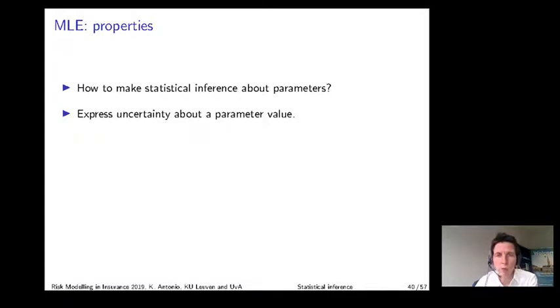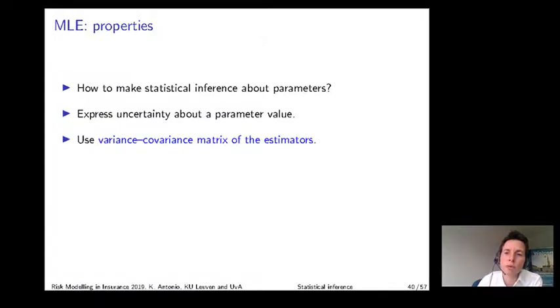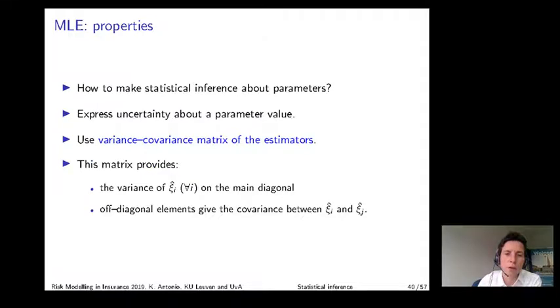And you will do this by estimating the variance-covariance matrix of the vector with the maximum likelihood estimators. This matrix gives us on the diagonal the variance of the maximum likelihood estimator of each of the parameters in the model, and the off-diagonal elements give you the covariance between the maximum likelihood estimators of two parameters xi i and xi j.